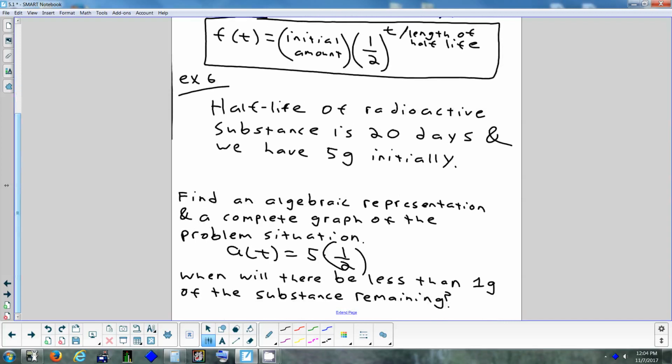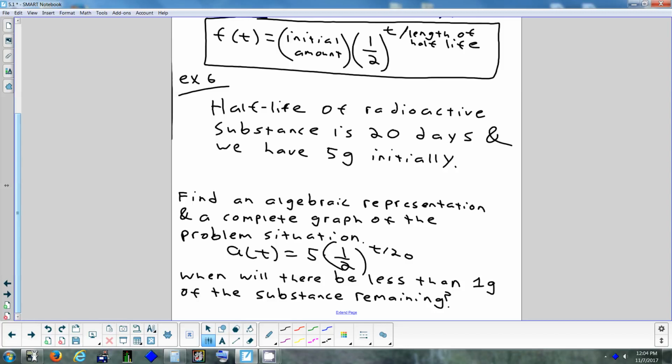What's the length of a half-life here? Yeah, 20 days. So that means after 20 days, you have 1 half-life. 20 divided by 20 is 1. After 40 days, 40 divided by 20, that's 2 half-lives, or 1/4 of the original amount.